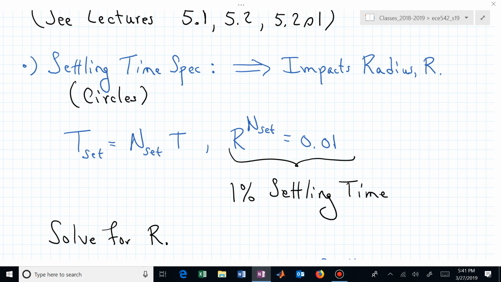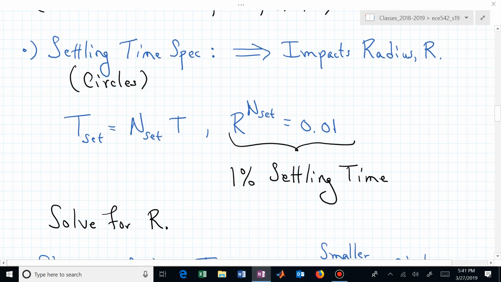That's R, and that usually is based on a 1% settling time, where the 1% settling time is R to some settling time integer value, capital N settle, and when does that quantity equal or become less than 0.01. The first time it becomes less than 0.01, or your trajectory gets less than 0.01 and stays less than 0.01, that's the value of the sample settling time, sample distance N settle.